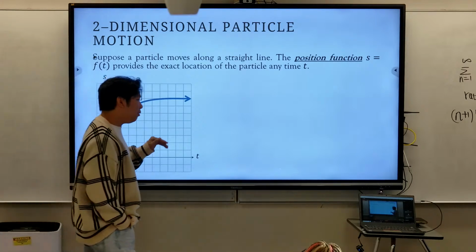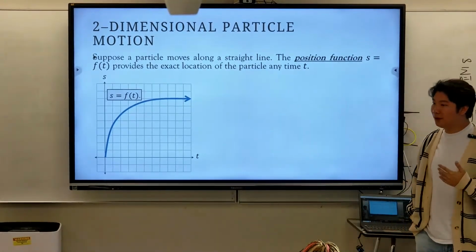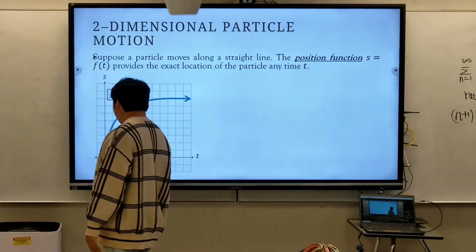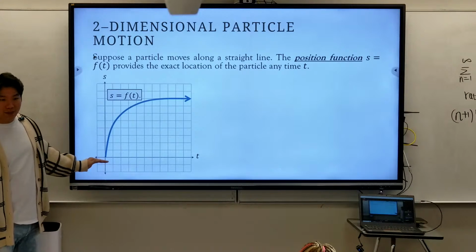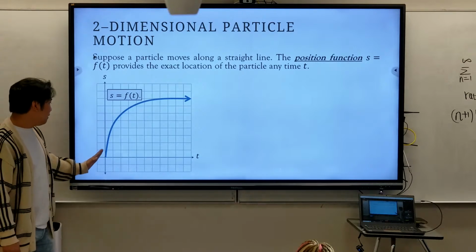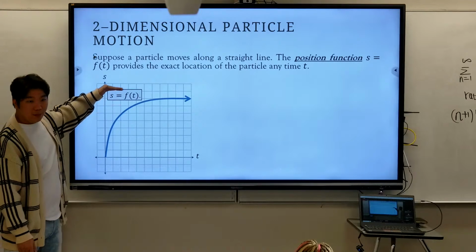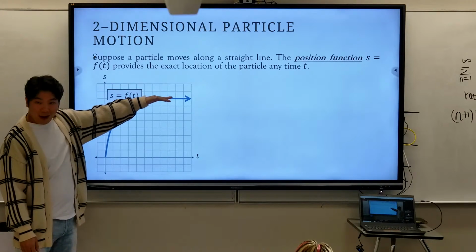So I want to talk about what looks like is happening in this graph for the particle. At time 0, I'm at my starting point. I'm not far from my origin. We can imagine that it starts moving away from my starting point, but then it starts to slow down almost to a stop.